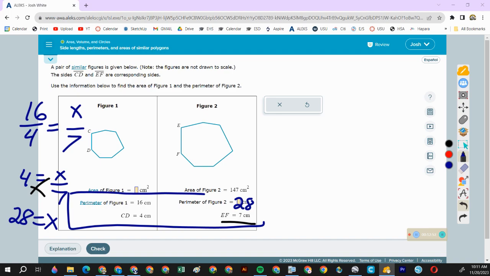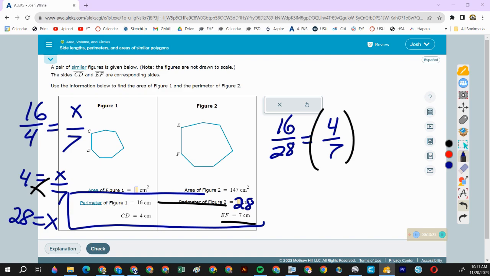What is my ratio here? Well, 16 over 28 simplifies down to 4 over 7. So my small shape is 4/7 as large as my big shape. 4/7 as large. So what about their areas?